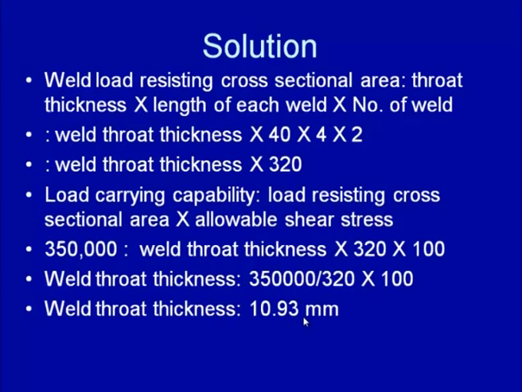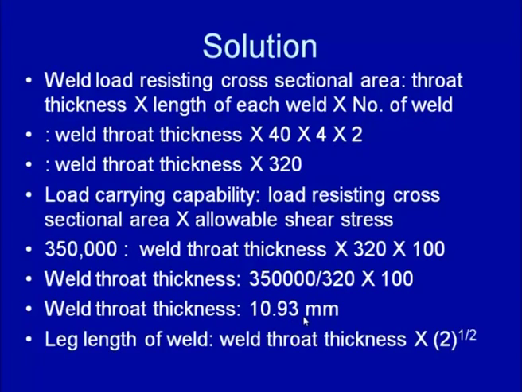So, from this we get a weld throat thickness of 10.93 mm. To calculate the leg length of the weld, we use a very simple equation, where the weld leg length is the product of the throat thickness of the fillet weld multiplied by the square root of 2.